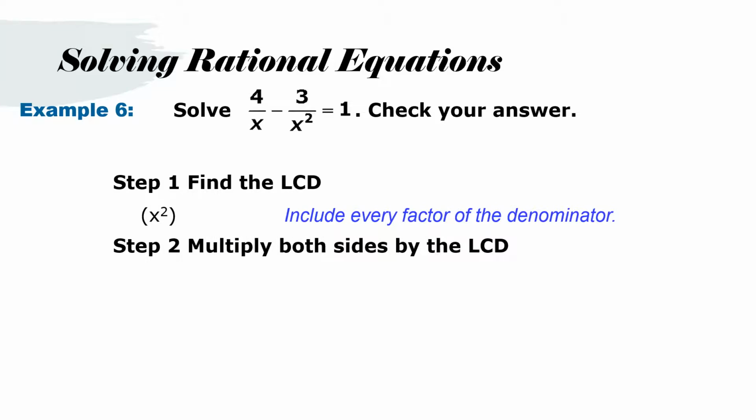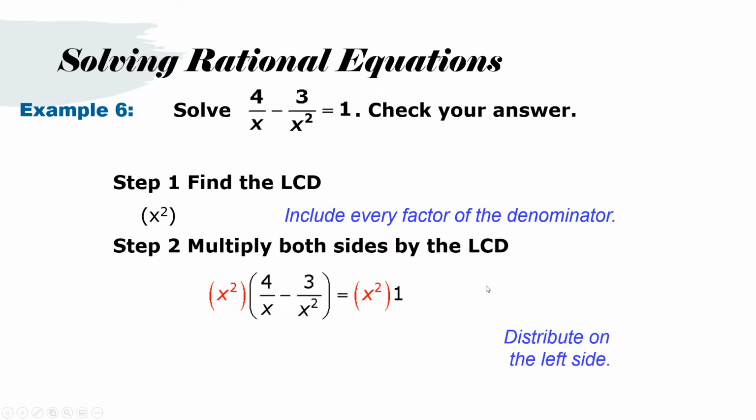So multiply both sides by the LCD. The LCD is being multiplied to this side and to this side. Then distribute on the left side. So x squared is multiplied here, minus x squared multiplied here. And of course, x squared times 1 is x squared.